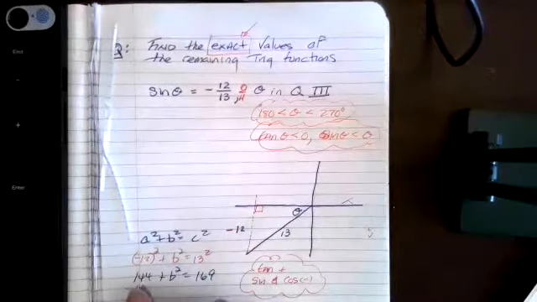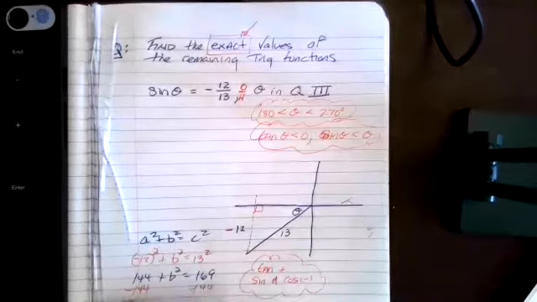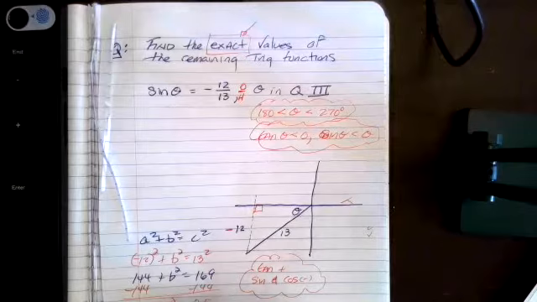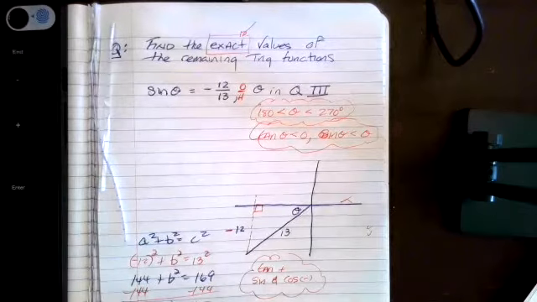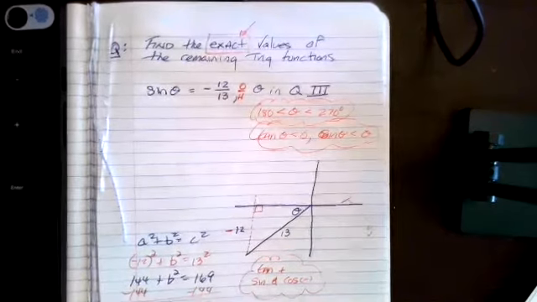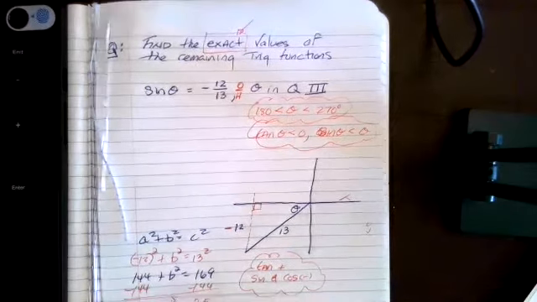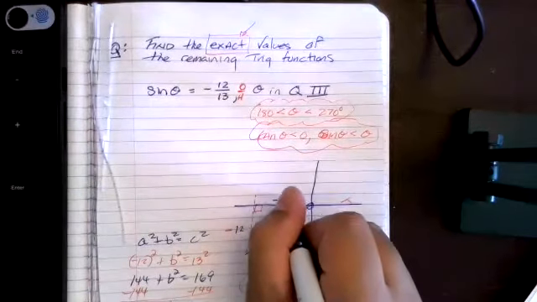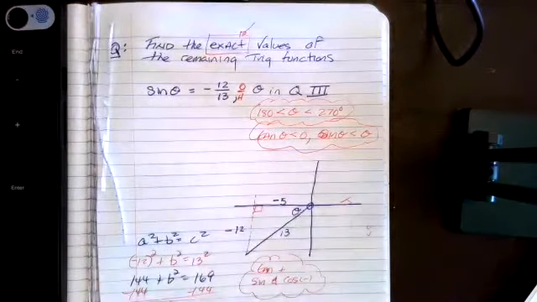I subtract 144 from both sides of the equation. B squared is equal to 25. So B is equal to 5. So we found our remaining side. It's 5, but since it's to the left of 0, it's going to be negative 5.